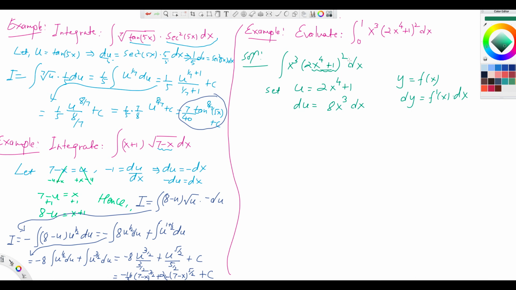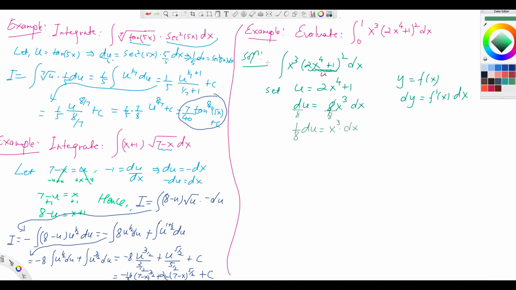This quantity is basically u, and what is left is x cubed times dx. So I divide by 8, and you get 1 over 8 du equals x cubed times dx. That's what is left. You see that?